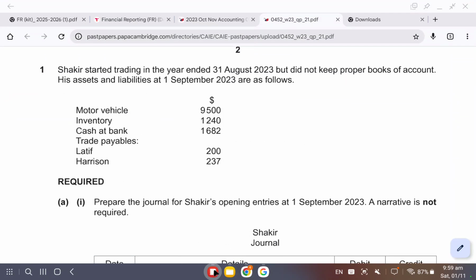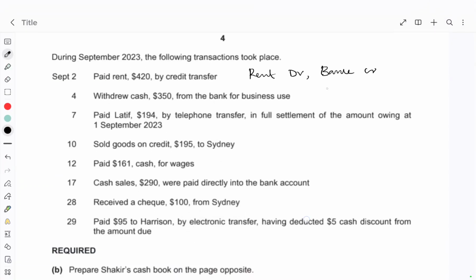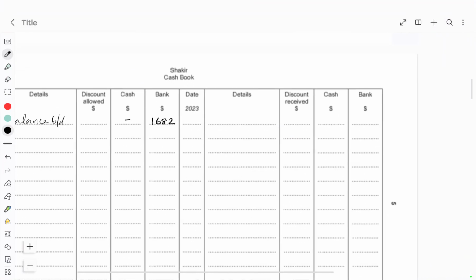So here you can write on the credit side of your bank account: September 2, rent. Rent will be an expense, because in the double entry rent is debited, your cash book is credited, isn't it? Bank is credited. So in the bank column you will write 420.